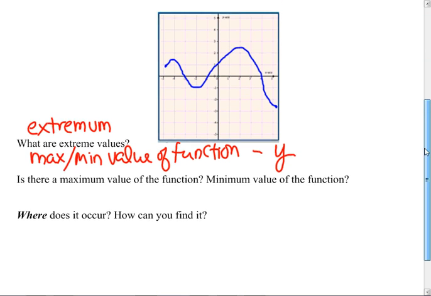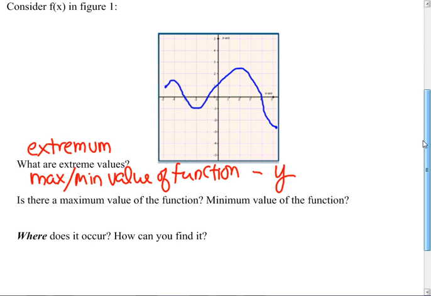So on this particular graph, is there a maximum value of this function? Now we're going to assume that these are closed. They look closed to me. We will assume that. And the maximum value is approximately 2.5.